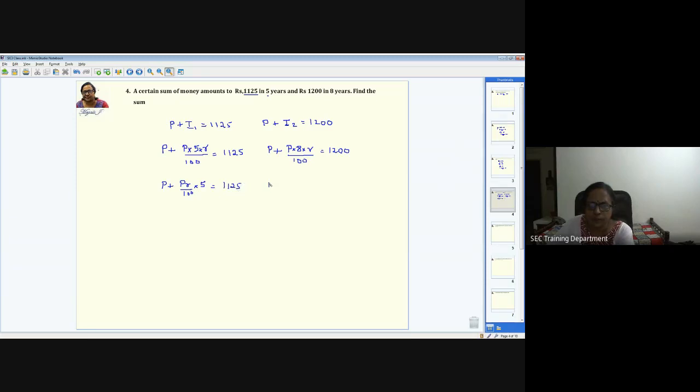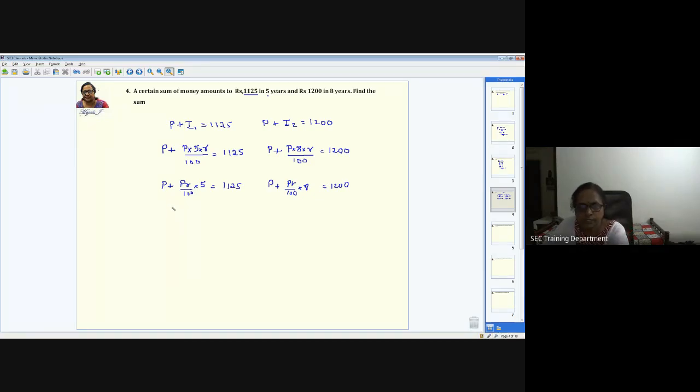And here is going to be P plus PR by 100 into 8 equals 1200. So you have two variables. I can consider this as one variable and this as another variable. So similarly, here also you have two variables, two equations.